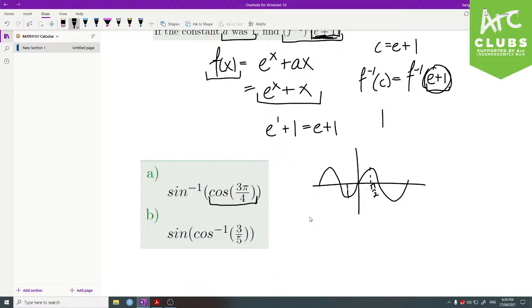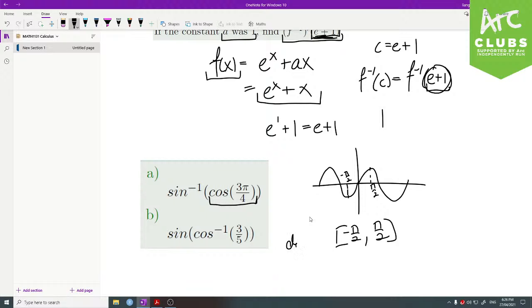And this lower peak here is negative pi on 2, right? And so I then know that sine inverse will accept values between negative pi on 2 and pi on 2, right? Because the domain of the sine function that we're using here is from negative pi on 2 to pi on 2.